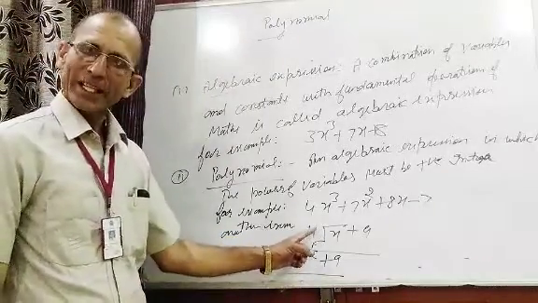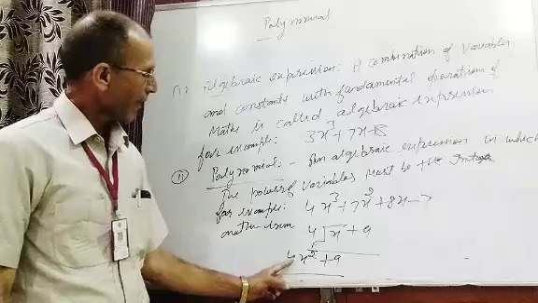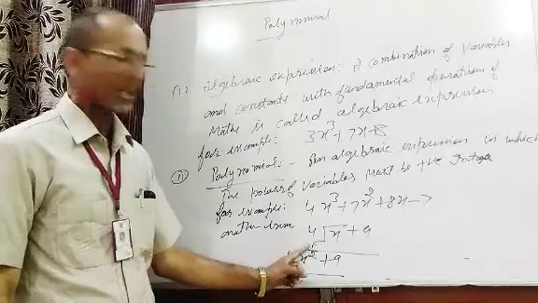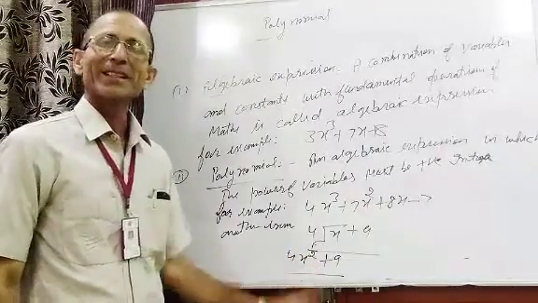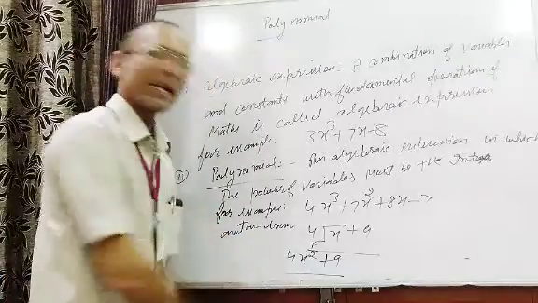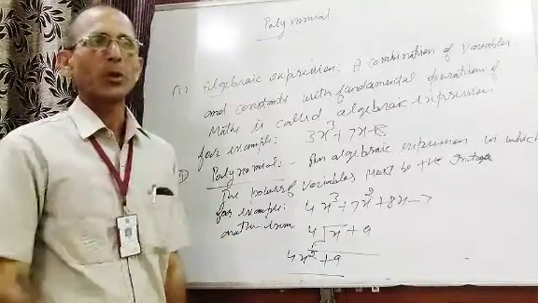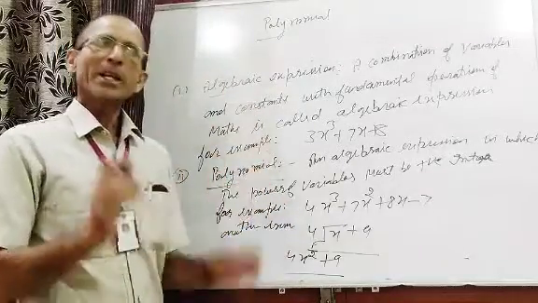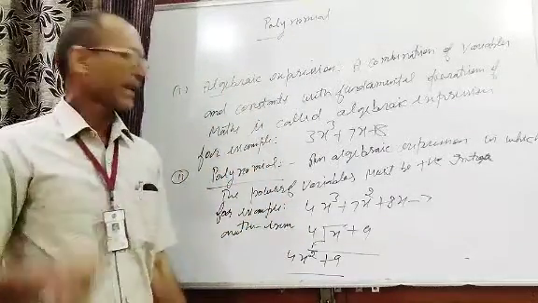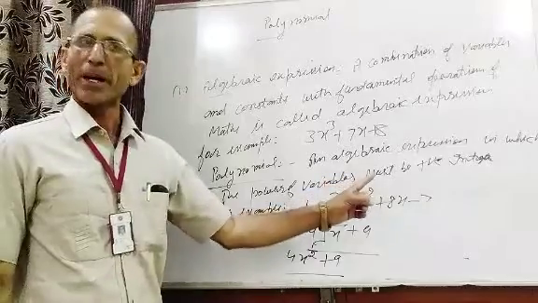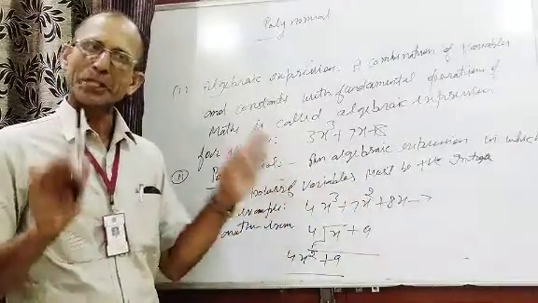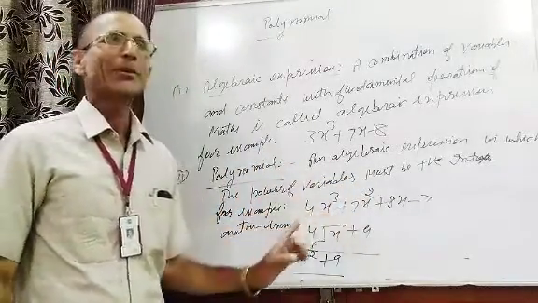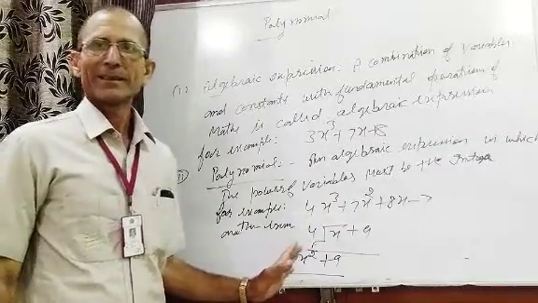If I remove this root, I will write 4x raised to the power 1 by 2 plus 9. So the power of the variable is rational. So this is not a polynomial. I hope all have understood what is a polynomial. Polynomial, an algebraic expression in which the power of the variable must be a positive integer, not negative, not rational. Have you understood?